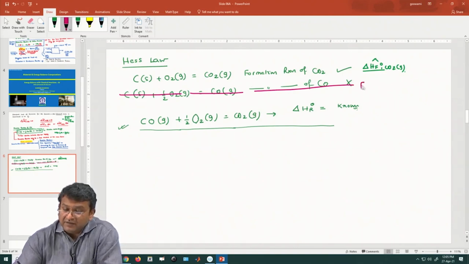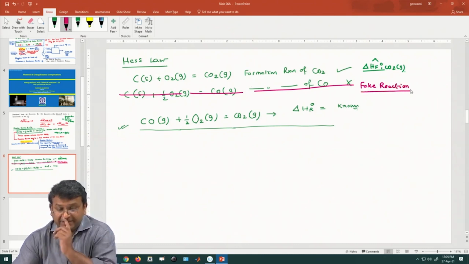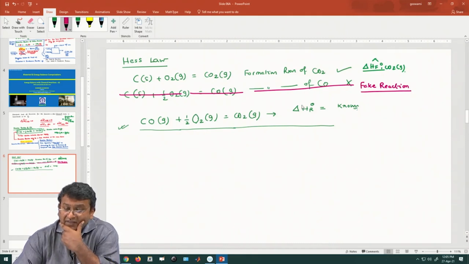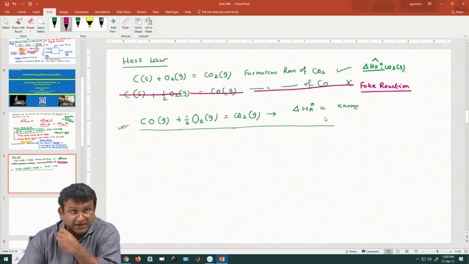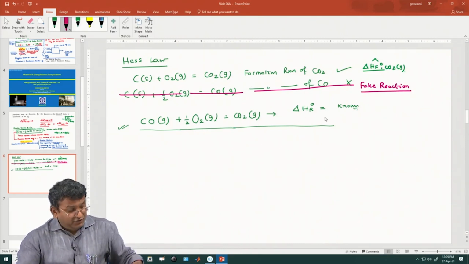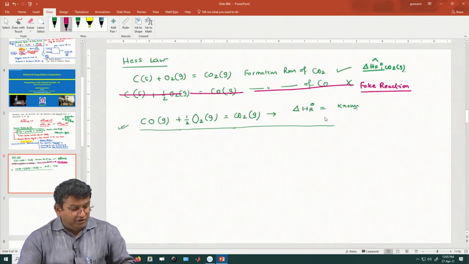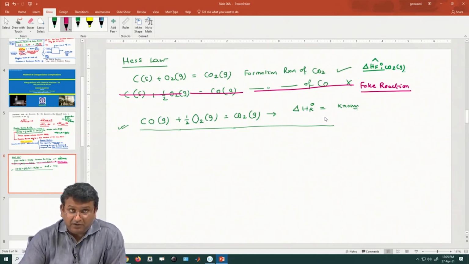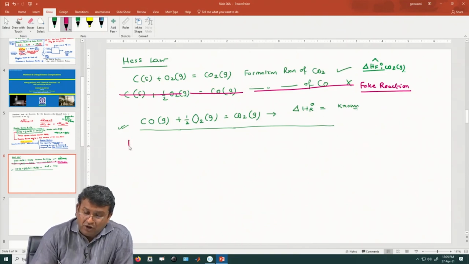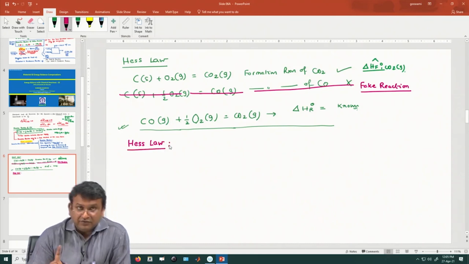But nonetheless, though it is a fake reaction, this is the formation reaction, and the heat of reaction for this particular reaction is known. Here comes a very important concept known as the Hess law, which essentially has two basic meanings. I will come to it, and it is very simple actually.